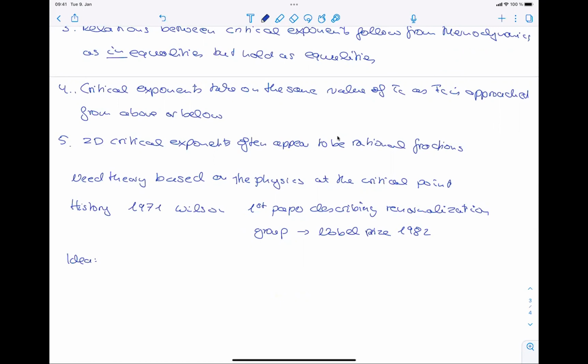The idea is that within the renormalization group, we change the length scale of a system by removing degrees of freedom, and only if we really are at criticality will the properties of the system remain unaltered by taking away these degrees of freedom.